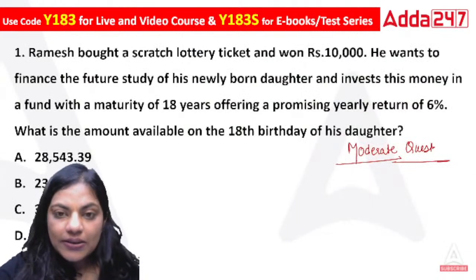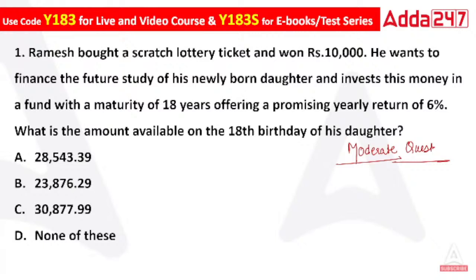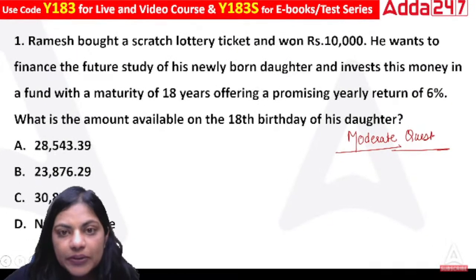So the question says that Ramesh has bought a lottery ticket and won rupees 10,000. He wants to finance the future study of his newly born daughter and invests this money in a fund with a maturity of 18 years, promising a yearly return of 6%.